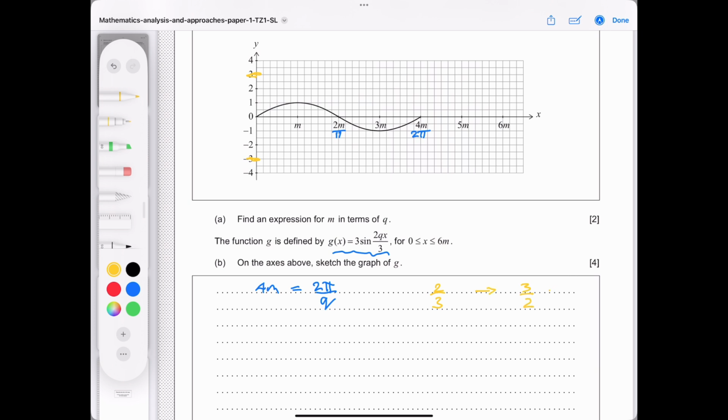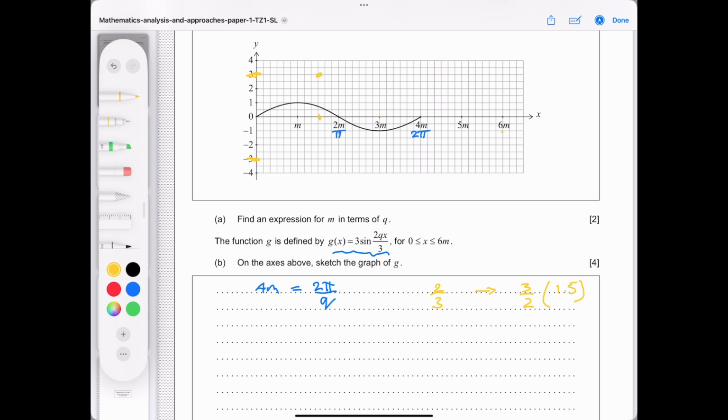So we're stretching it 1.5 times. That's why we've got it up to 6 there. So every time we go up, we need to go along to this point, because that's going to be the highest point, because that's 1.5 m.